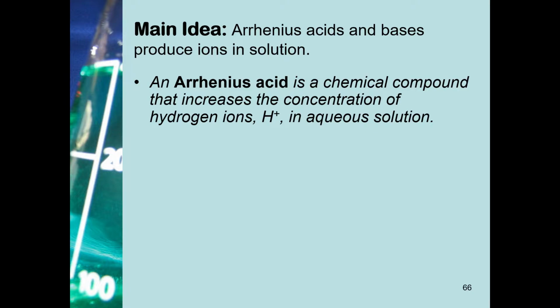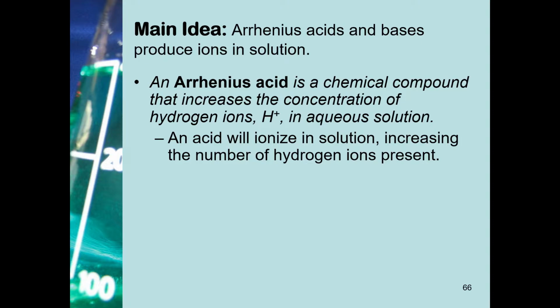An Arrhenius acid is any chemical that, when you dissolve it in water, increases the concentration of hydrogen ions. Notice the H plus, hydrogen ions. So acids produce hydrogen ions. If you remember, the formulas for acids all begin with H. And an acid will ionize in a solution, and it will increase the number of hydrogen ions that are present.